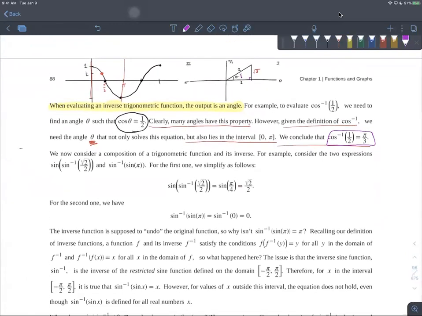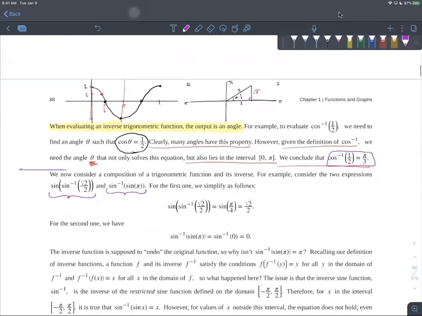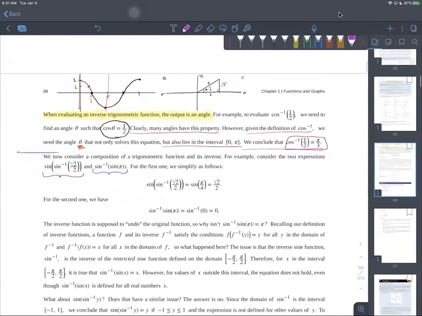Next, we now consider a composition of a trigonometric function and its inverse. For example, consider the two expressions sine of sine inverse of the square root of 2 over 2, and the sine inverse of the sine of pi. Now, let's go ahead and see.